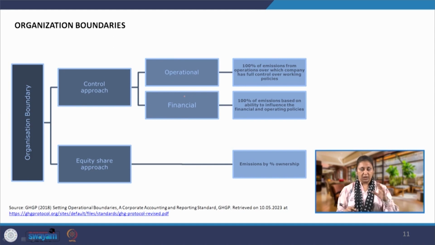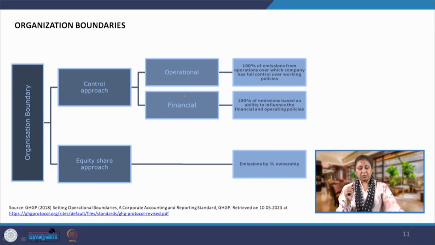But currently GHG emission reporting for now requires a company to define its organization boundary based upon any one approach, either control approach or equity share approach. Now, control approach could again be two way, but when a company chooses control approach, they have to go ahead with both operational as well as financial.